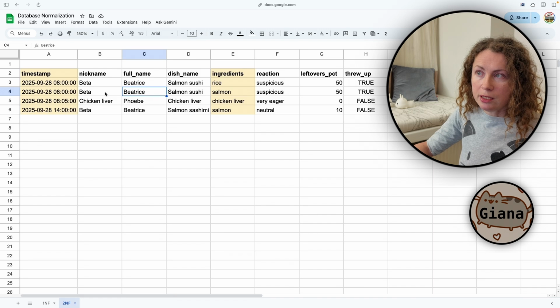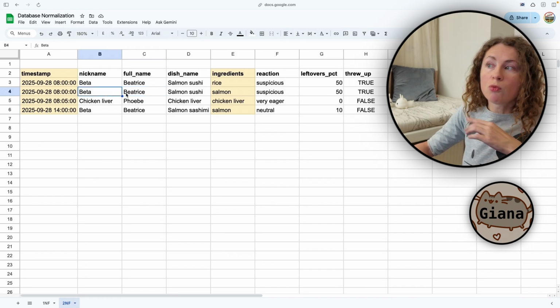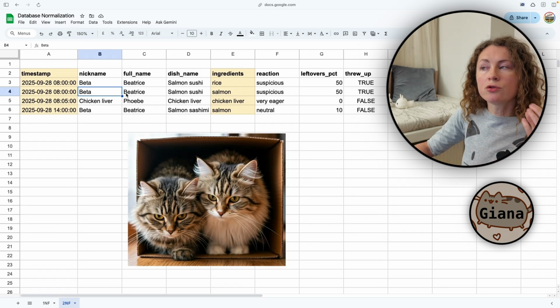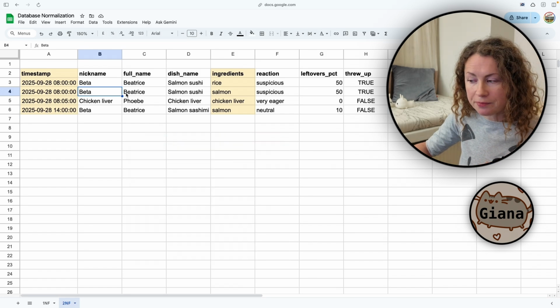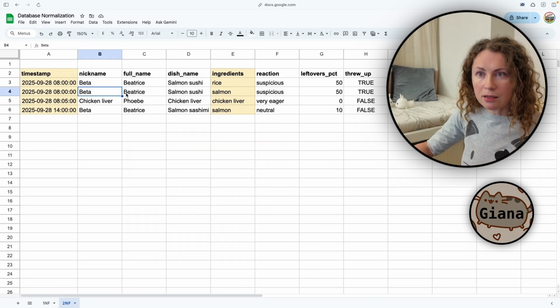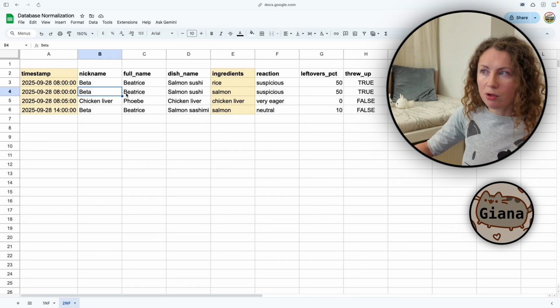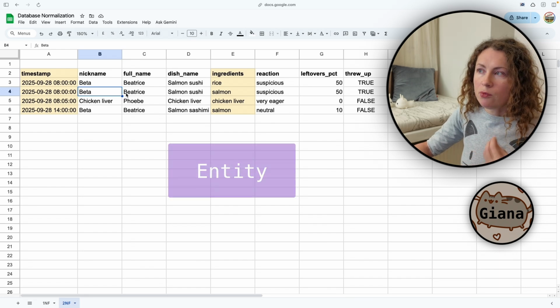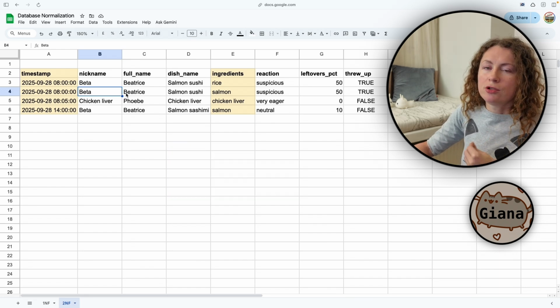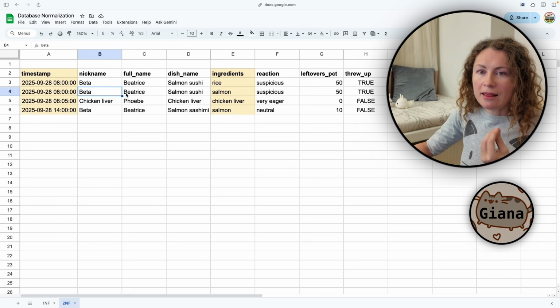And when you see a partial dependency, that means that more than one thing is trying to fit in the same table. And in database design, we're really trying to designate one table for one thing, or in data speak, for one entity. And when two things try to fit into one table, that's when we get duplication, so redundancy, and anomalies.